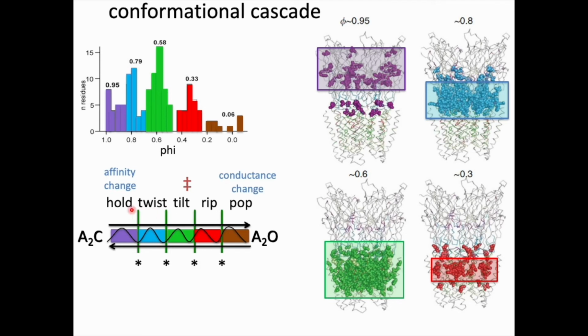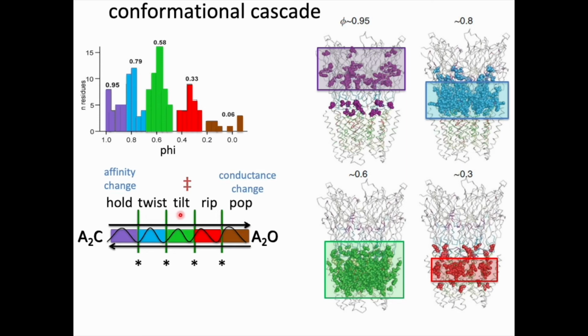So I not only will name the first event hold, the one that switches the affinity of the binding site from weak to strong, but the extracellular domain motion I'm going to call twist, because there is a twisting motion of the ECD compared to the rest of the protein. There's also a compaction, or an unblooming as it's called, but I'll use the word twist to describe that conformational change.